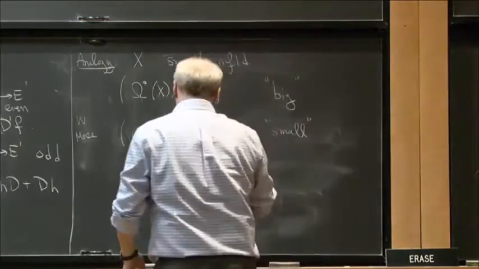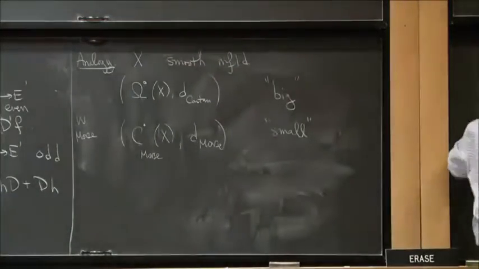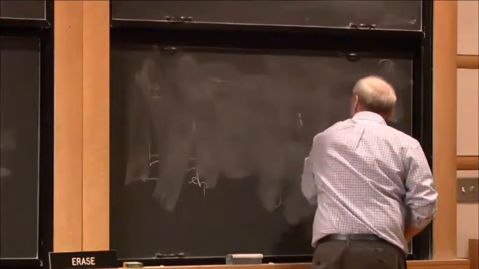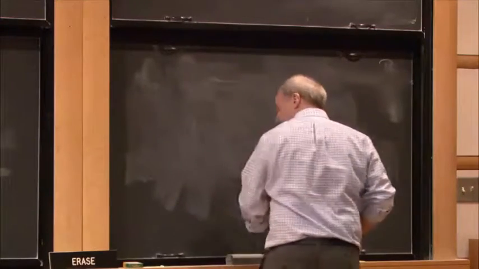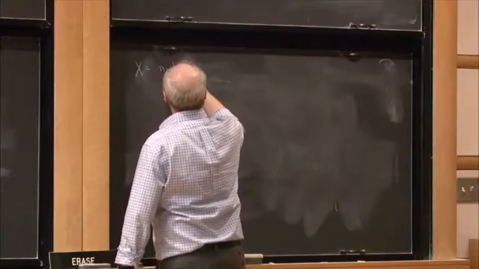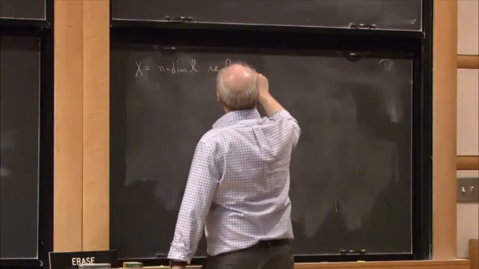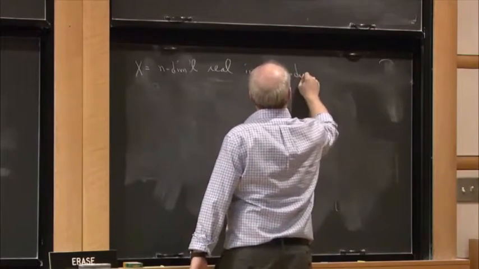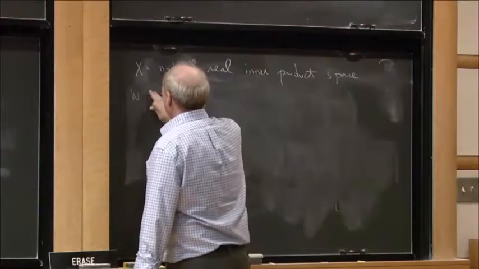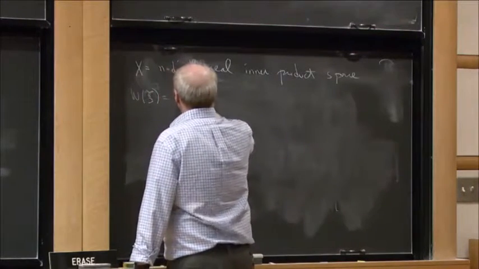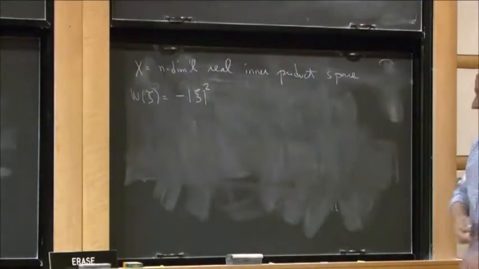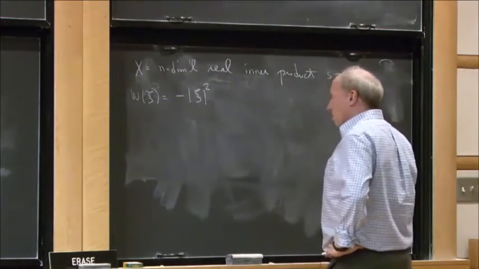And so let's see how that works in this context with these matrix factorizations. We'll just take the simplest Morse function, which is the local model, which is to say, let X be a finite dimensional, say n-dimensional, real inner product space. And we'll let W, the function of the vector xi, be minus the norm squared of xi. So that's the very simplest kind of Morse function.